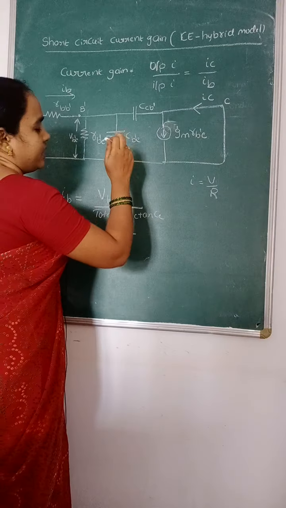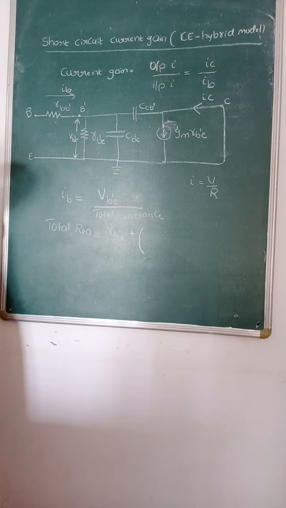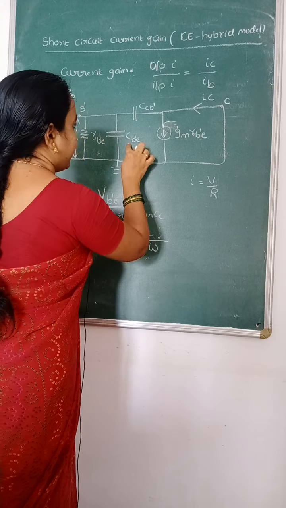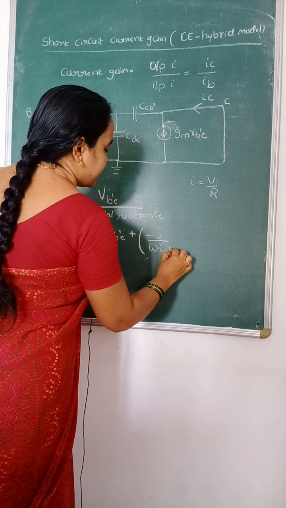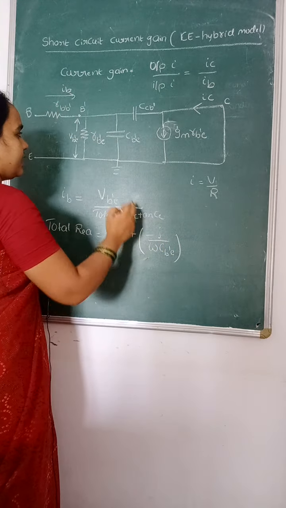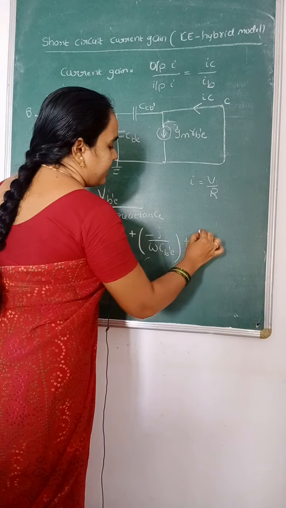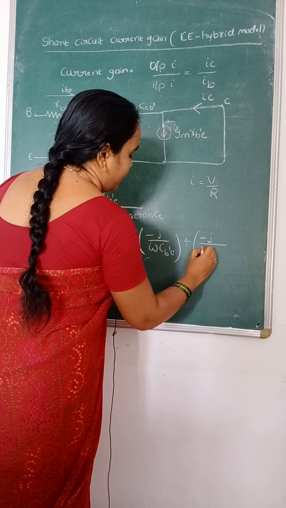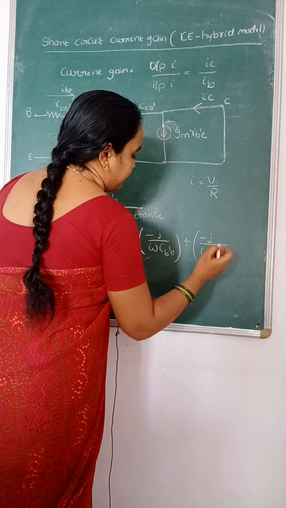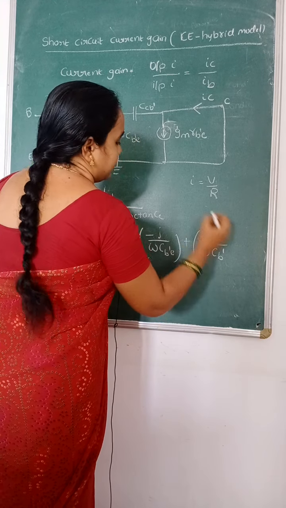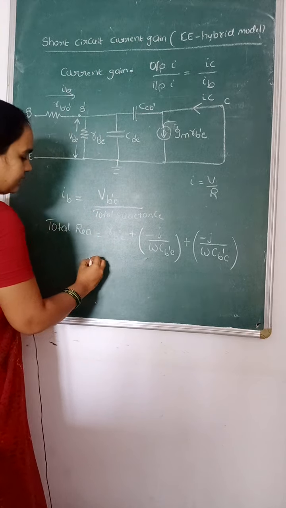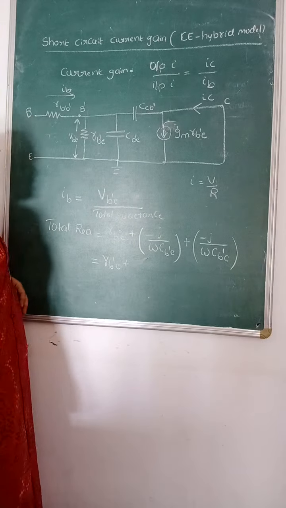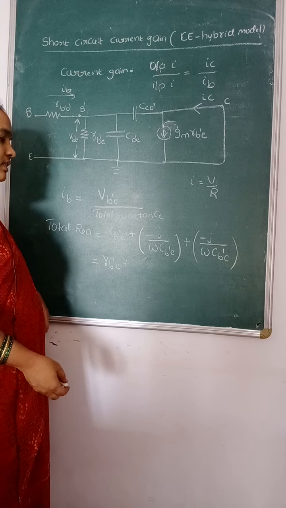For the capacitive elements, the reactance is minus j by omega C B dash E. Similarly, the reactance for the other capacitance is minus j by omega C B dash C. That is R B dash E plus these terms, where j square is equal to minus 1.